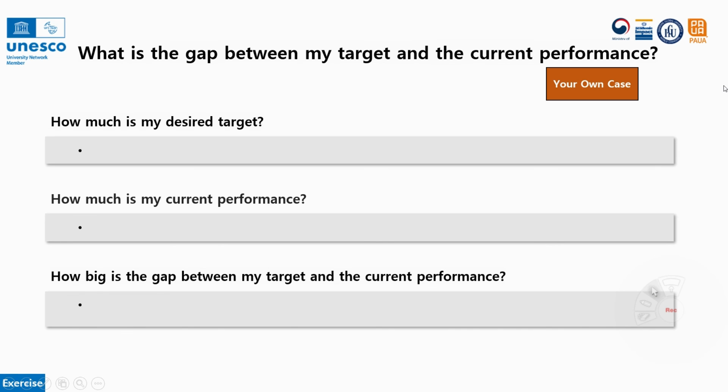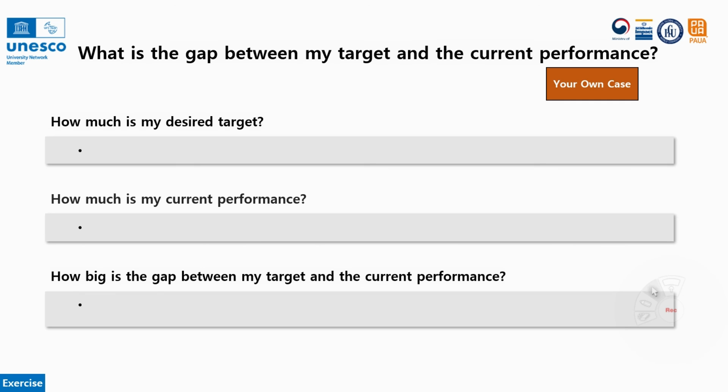So this is the exercise case. I have shown two cases where the gap is big and another case where the gap is small. So my questions are the same as we have seen in previous slides.